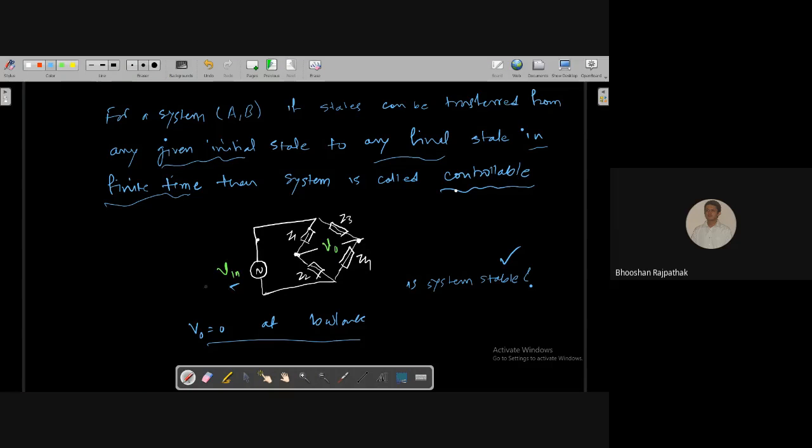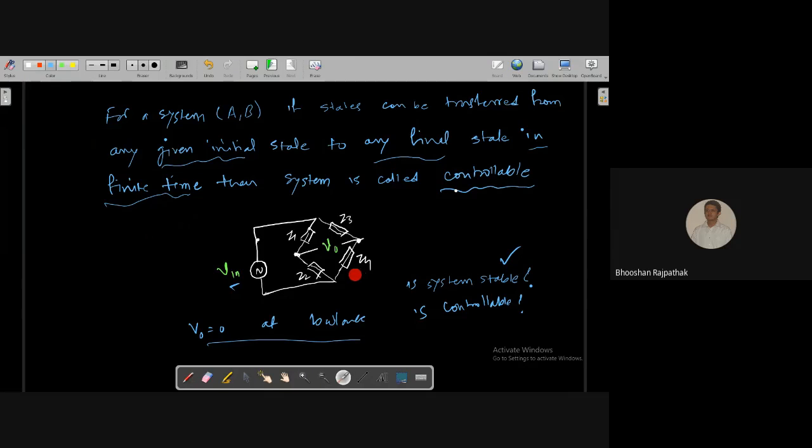Once your bridge is balanced, is the system controllable? Any student who wants to attempt this, is the system controllable from our definition of controllability? We have seen this definition.